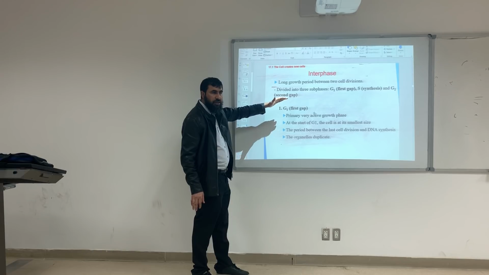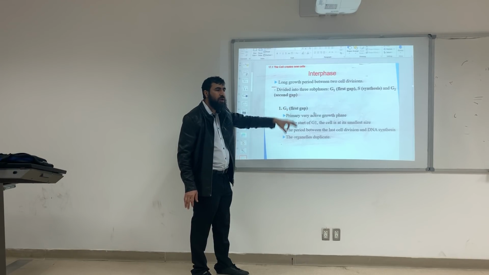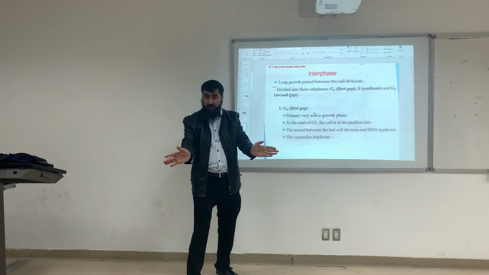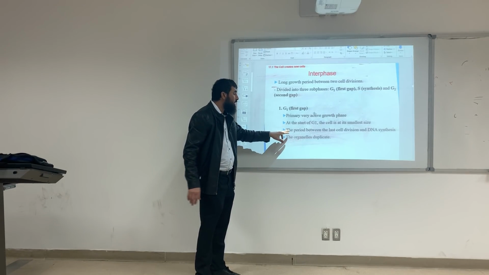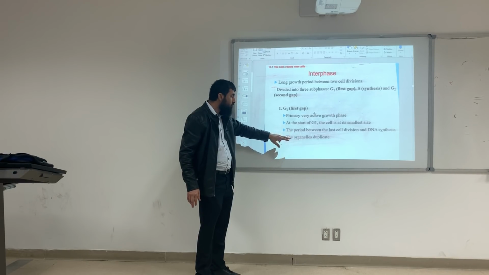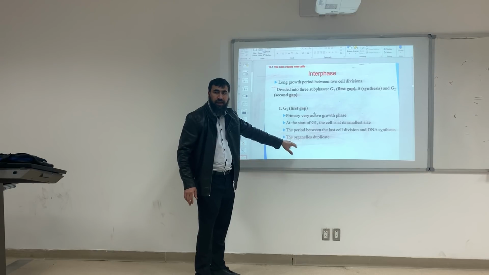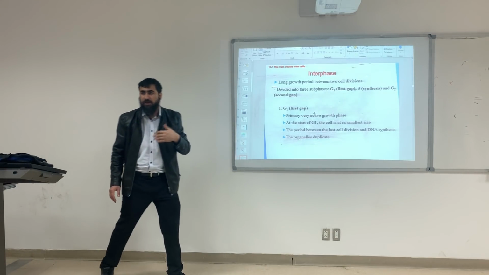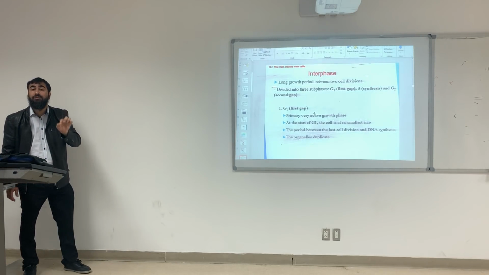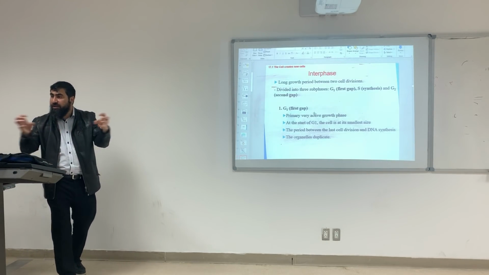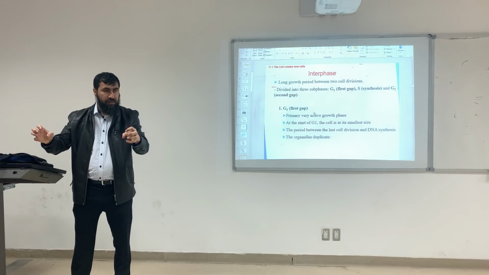And we have three different subphases. G1 is where the cell is the smallest, because it just came from division. This is where you get duplication of the organelles, before the S phase, DNA synthesis. What do you mean by smallest? It's just divided into two, so its size is the smallest.